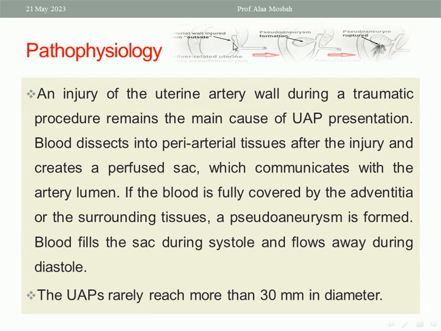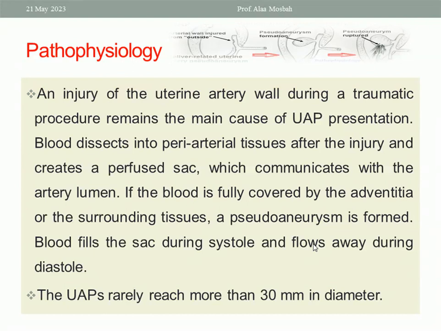So the pathophysiology starts, as I said, with injury of the uterine wall during cesarean section, during D&C operation, during manual removal of the placenta, any traumatic obstetric or gynecologic trauma or procedure, IUD insertion, can cause injury to the wall of the uterine artery. Okay? Then the blood dissects into the periarterial tissue after the injury and creates a perfused sac, which communicates with the artery lumen.